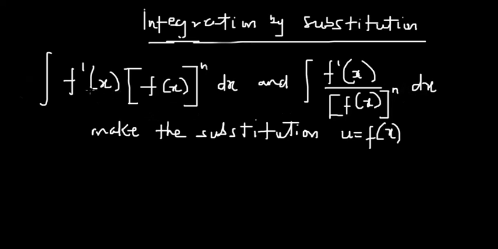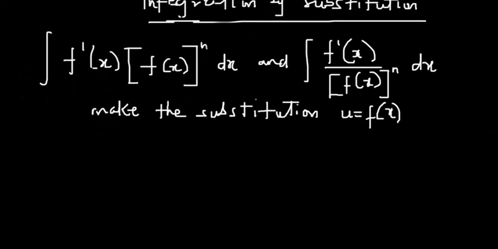So f prime of x is all about differentiation. That's why, if you've watched my previous video on introduction to integration or definite integral, I mentioned implementing differentiation in integration. So we fuse them together.